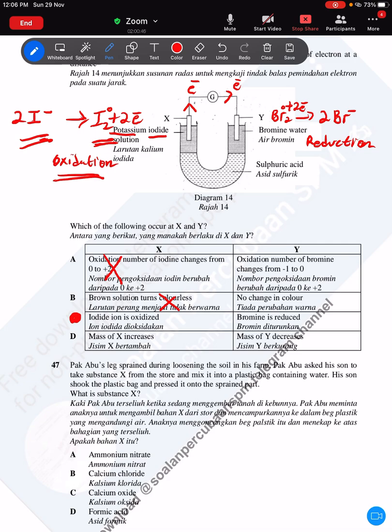Okay. Pak Abu sprained his leg while losing the soil in his farm. What is this? Why did he sprain it at the farm? What was he doing at the farm? Strange. Pak Abu asked his son to take substance X from the store and mix it into a plastic bag containing water.